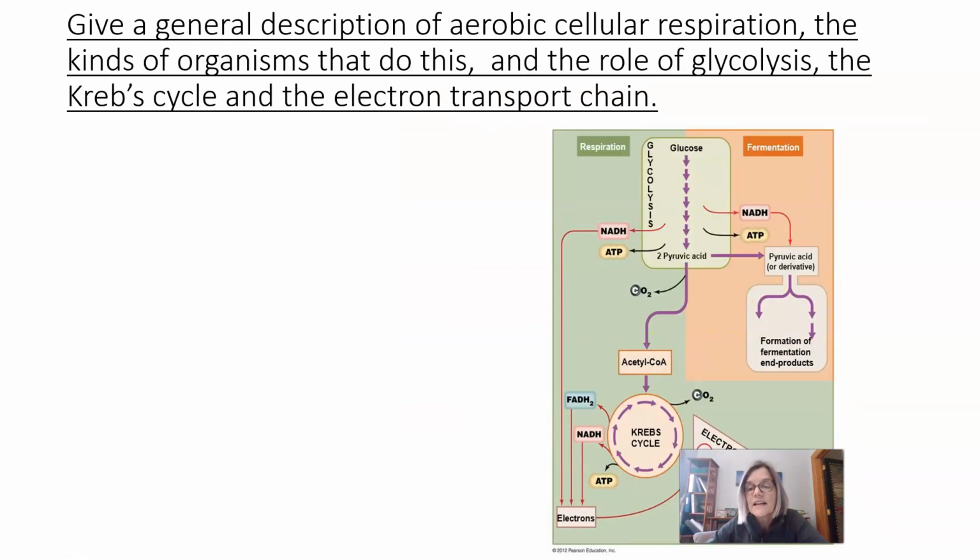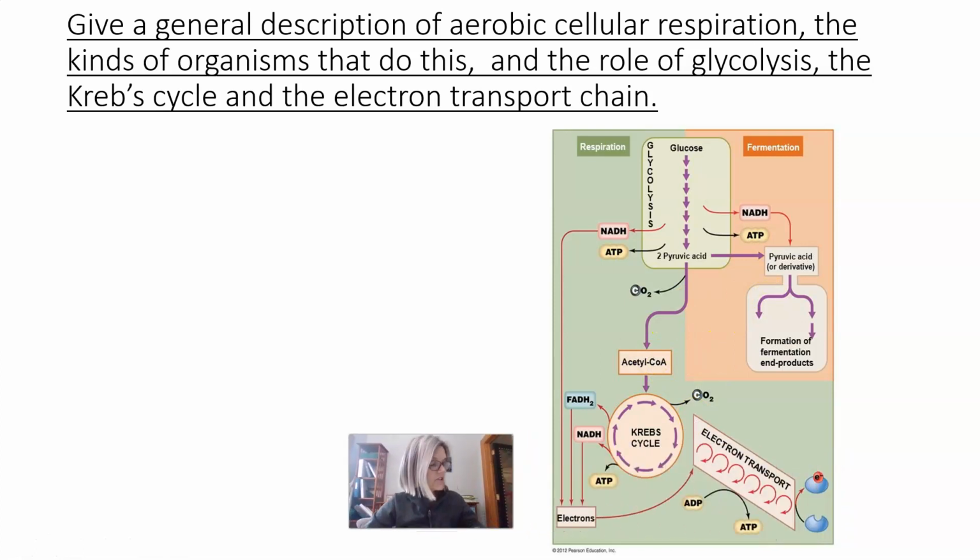In your lecture study guide, I put a page that says aerobic cellular respiration, and I put this picture in there. Now, here we are, this respiration right there, that's the aerobic cellular respiration. That's the metabolic pathway. Over here is fermentation. We're not going to worry about fermentation until the end, okay?